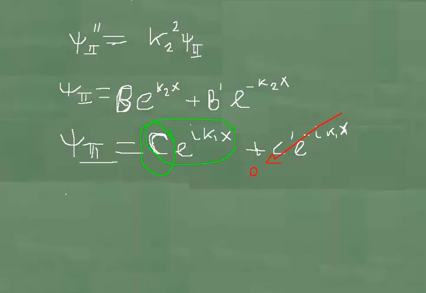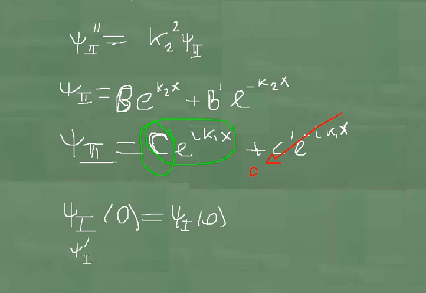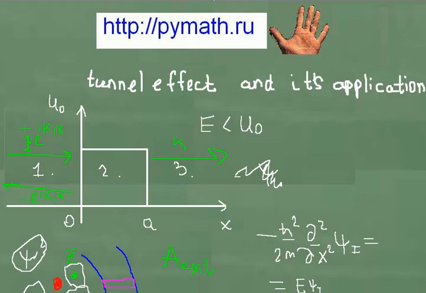And let's write this in the form that C1 converts to C2 at 0, and the first derivative of C1 at the point 0 at the boundary converts to the derivative of C2, because we don't have any motivation for this function to have any jumps and special changes.